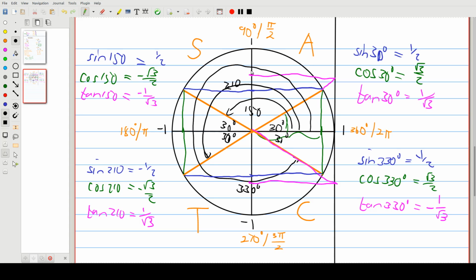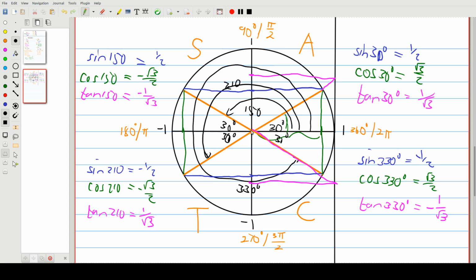It'll be 0.707. If we increase it to 60 degrees, it gets even bigger, square root 3 over 2. And we increase it even more, it gets closer and closer to 1, until we get to exactly 90 degrees, where the value will be 1.